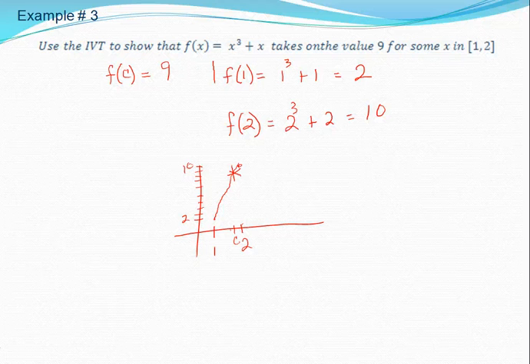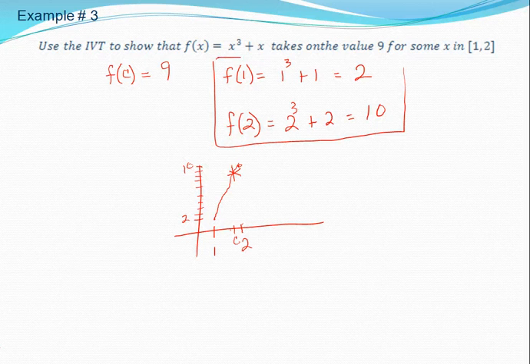And so my work that I showed using my endpoints proves that somewhere on f of x between the boundaries of 1 and 2 there is a value of x that will give me an f of x value of 9.